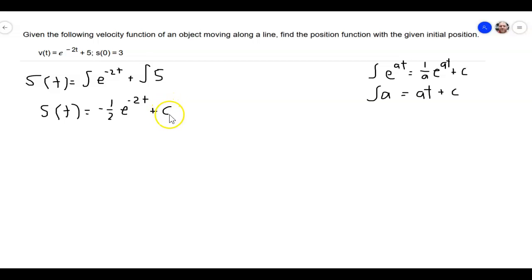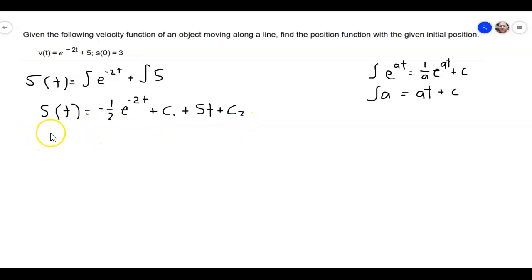So plus, we'll call it C1 since we're going to have a couple of them. Plus, now our a for this one is 5, so this is going to be plus 5t. And then we'll have another constant there, plus C2. So there it is right there.